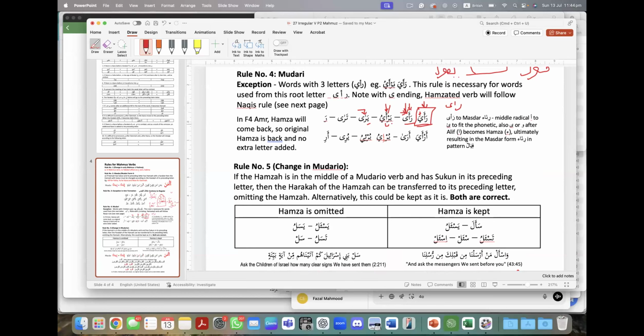Ra'a, ERIU. So this fatha is gone here, because if Hamza remains, it could only be alif there, but it is going to create an issue since this is the modified version. Ra has got one alif. Hamza gone, but alif remains.